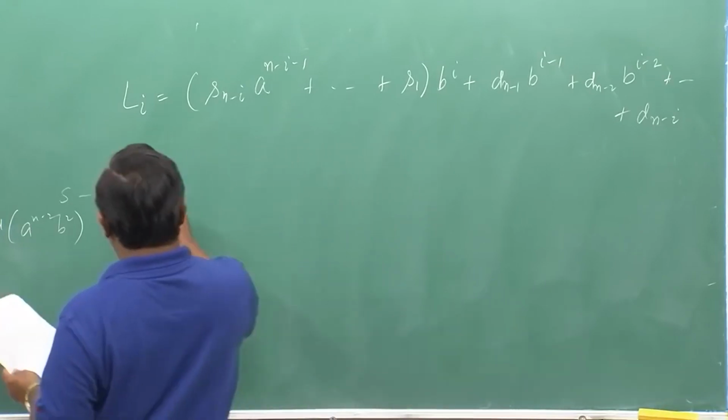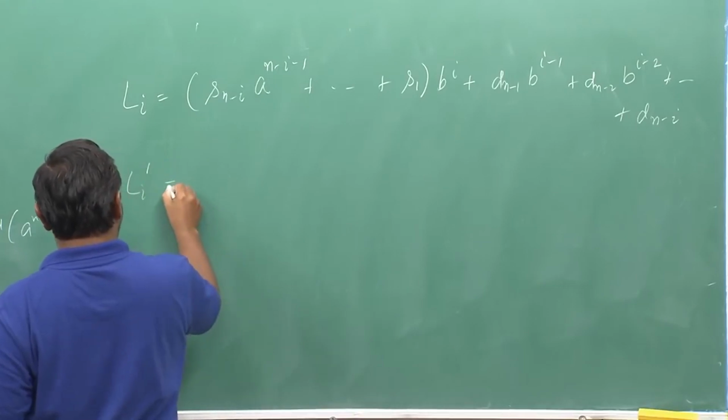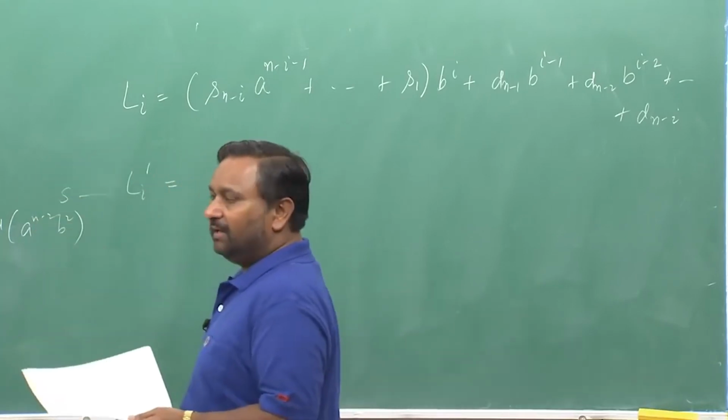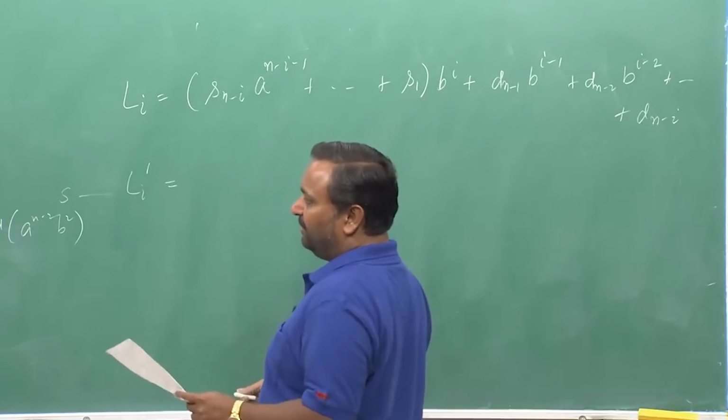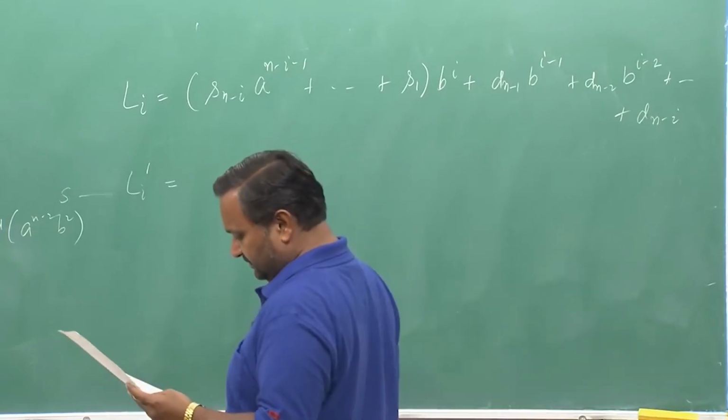So once you know this, you can always find out what is going to be L1 prime using the same procedure and the same kind of conditions on the maximum values of S and D's.